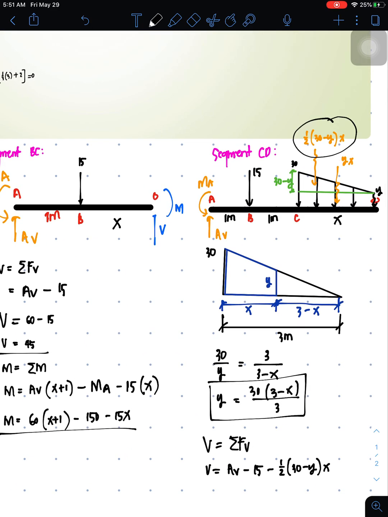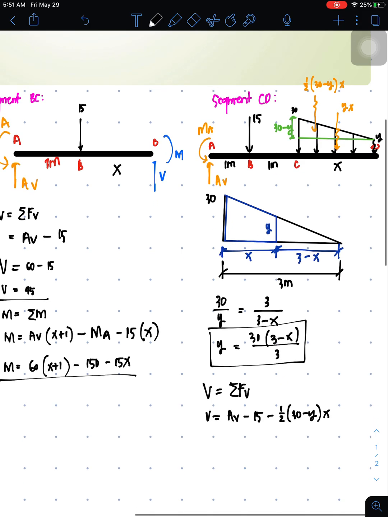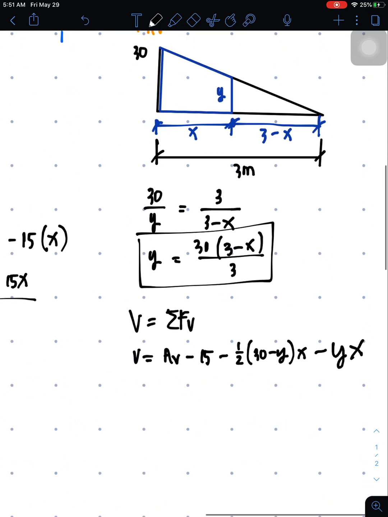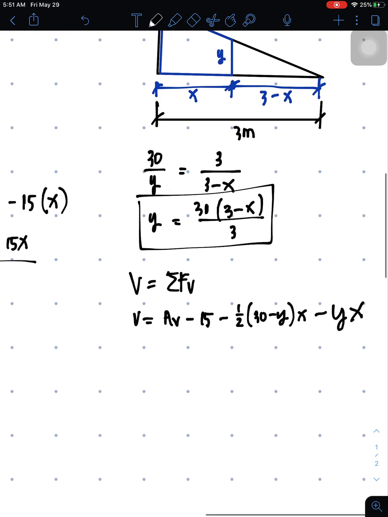Kani, I'm looking at this one. It's downward. And then also minus y times x. That is the value of our shear equation. But of course, we have to substitute the value of y in terms of x.